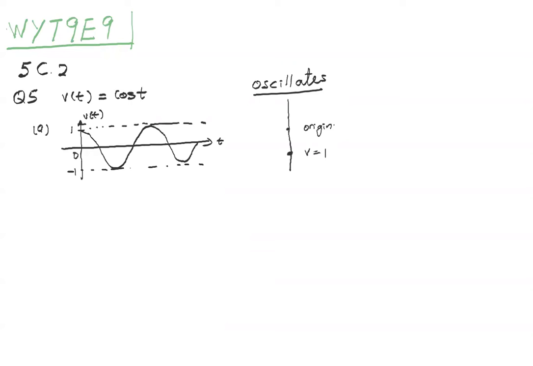Then it goes up. So up is positive, correct? Until here, that means this one is another way. It goes right up here. Then here the velocity is 0, then it comes down. So this is called oscillate.